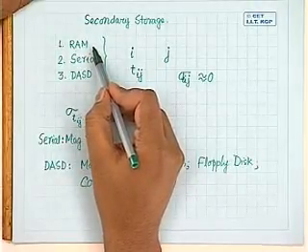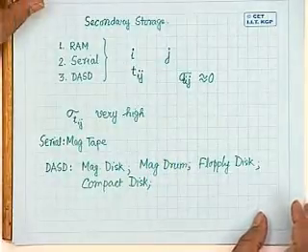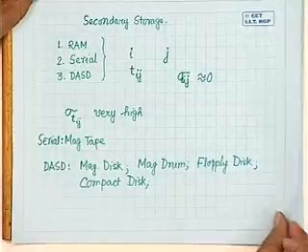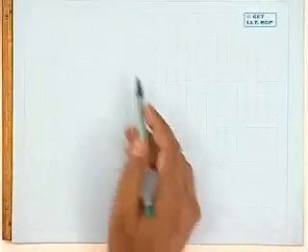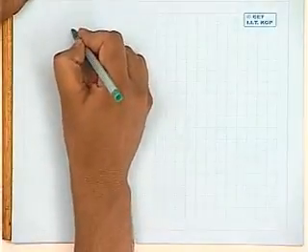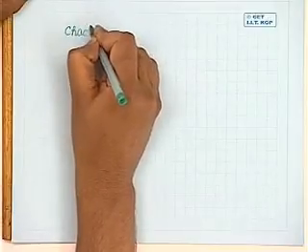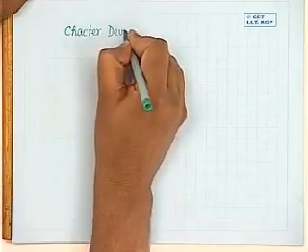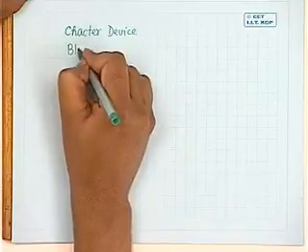Okay. Now, of these different kinds of devices, again, we can have another categorization. We can call some devices to be character devices, whereas some other devices can be called block devices. So we can have a character device. We can also have a block device.